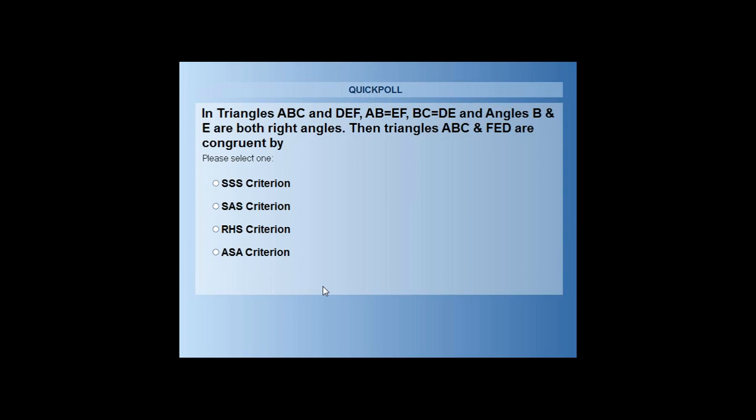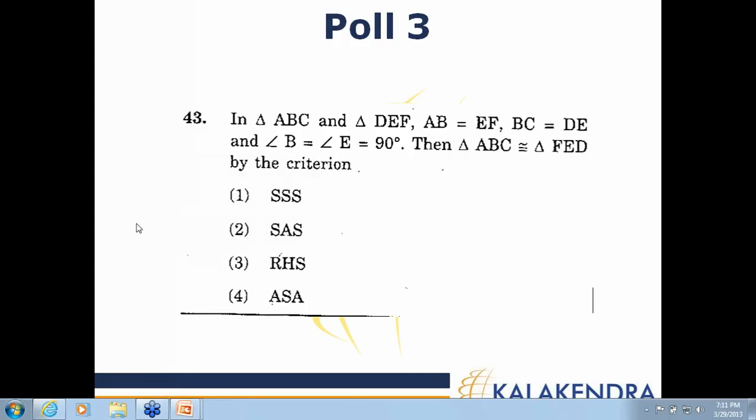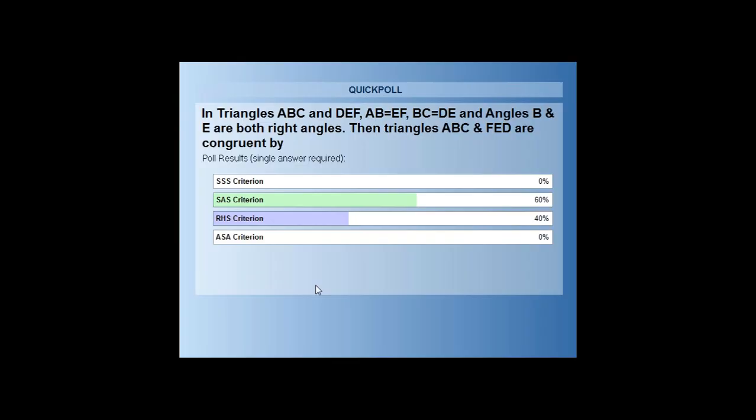Okay, so let me just close it right now and share the response graph. So as you can see, it's a little divided house here. Interesting thoughts. I'm sure we would do well to take this up for discussion.